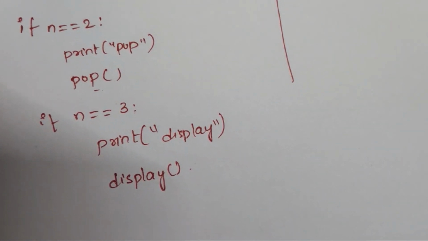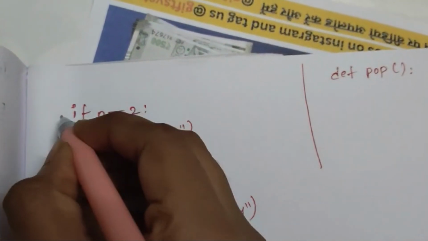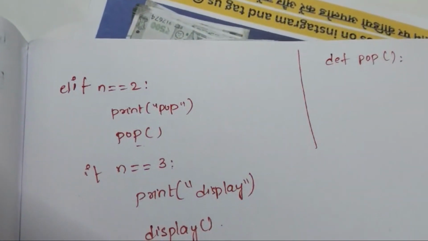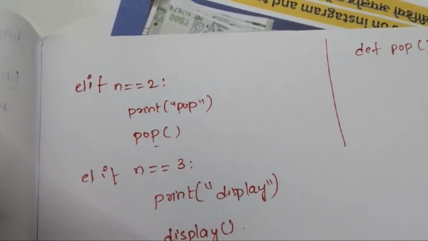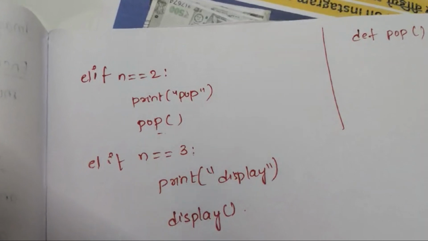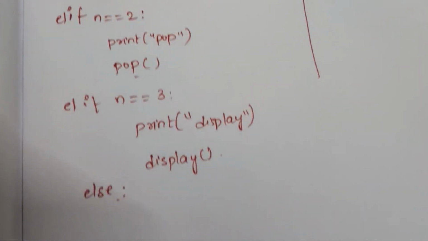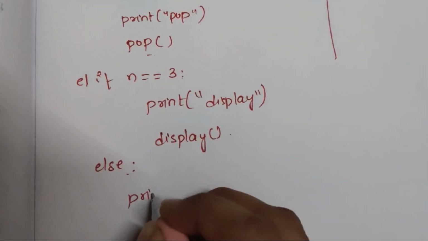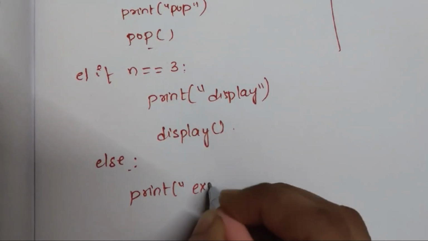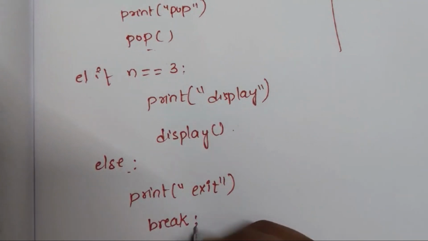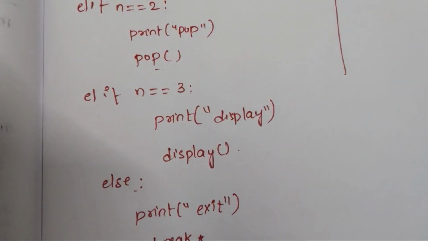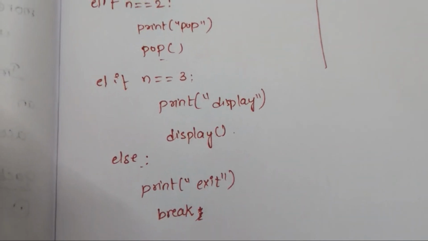Actually this is an elif, because first one is if, then elif, then last one is else. There will be no condition here. Print exit. After this you need to break from the loop, so break.